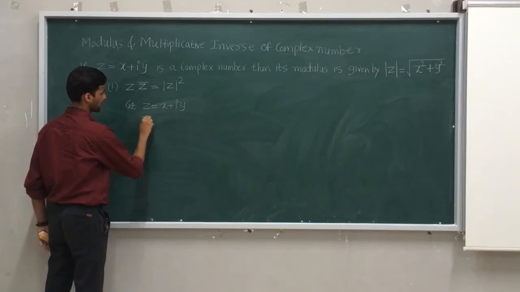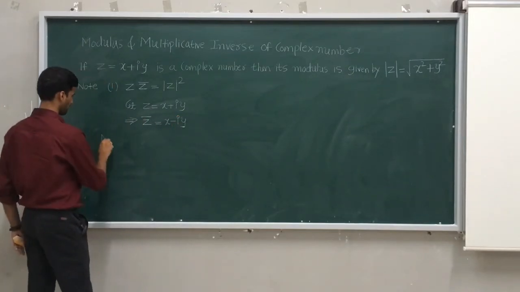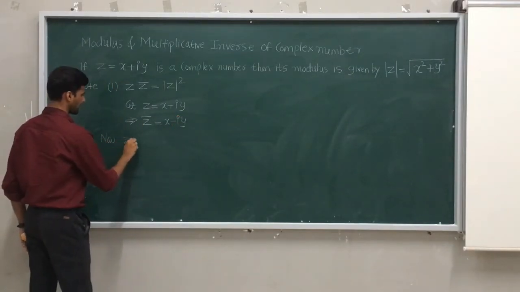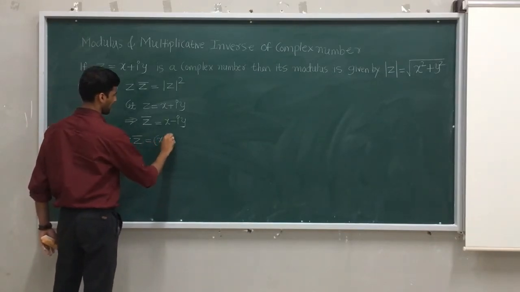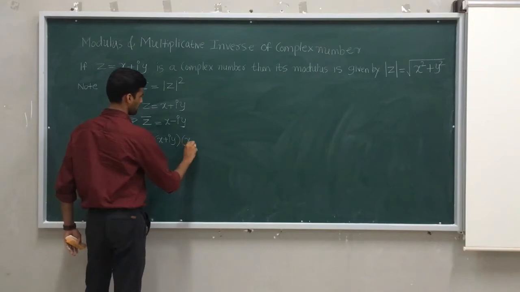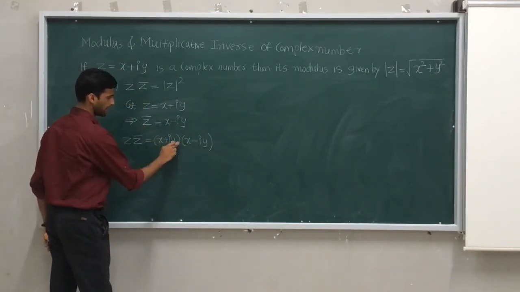Then what is z bar? Z bar is nothing but the conjugate, x minus iy. Now, z into z bar is x plus iy into x minus iy. It looks like (a plus b)(a minus b).